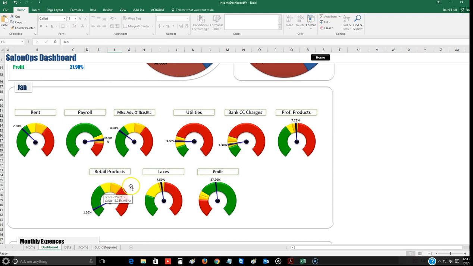Taxes, this is what it is. There's no negotiating. So you need to increase your dollar amount to keep this in line where it needs to be. Profit, no negotiation. That ties into our payroll talk. So let's get back and talk about payroll first, and then we'll talk about profit.